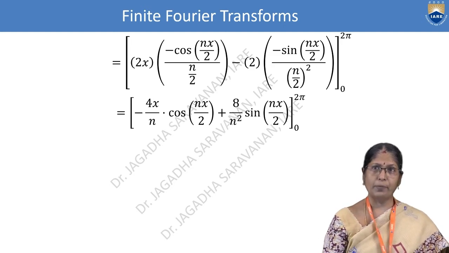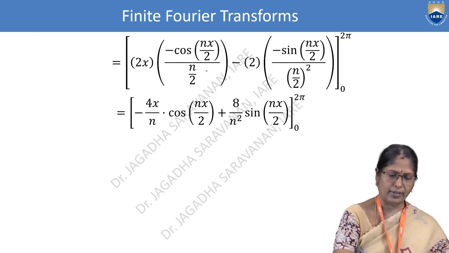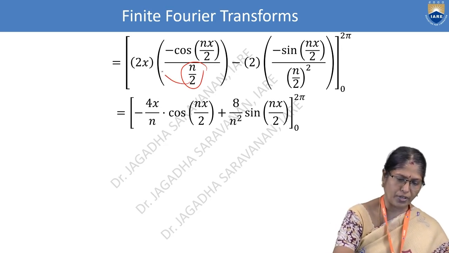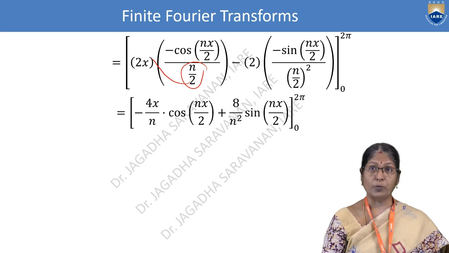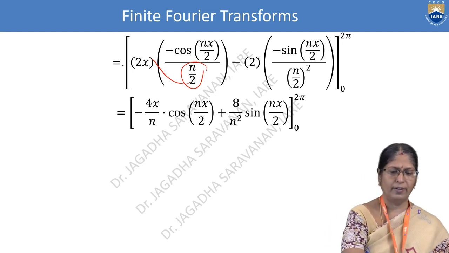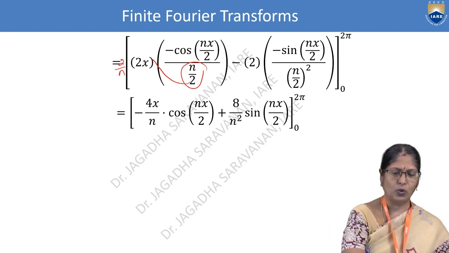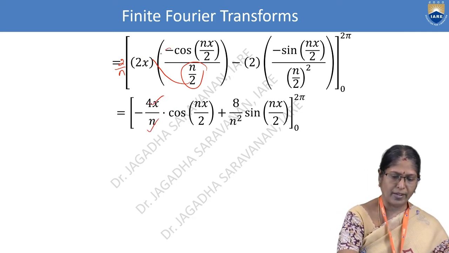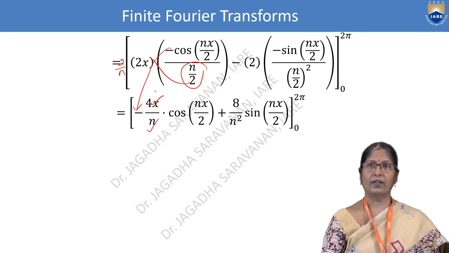Here we are doing the simplifications. That is, n by 2 is there here. That we brought up, it has become 2 by n. So, multiplying, 4x by n. This minus sign is as it is.